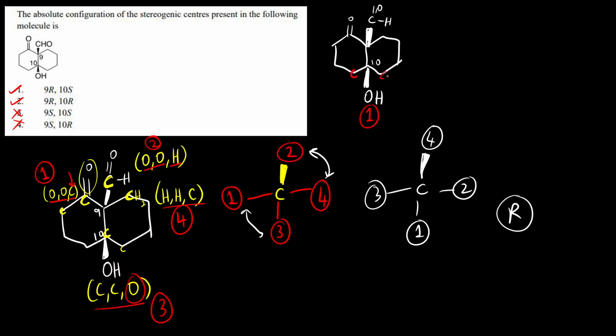Here we have carbon, CH2. Okay, same. So check the next carbon, CH2, CH2. This is also same, CH2, CH2. Here we have CH2, here we have this carbonyl. So if we see, this carbon is attached to 3 carbons.